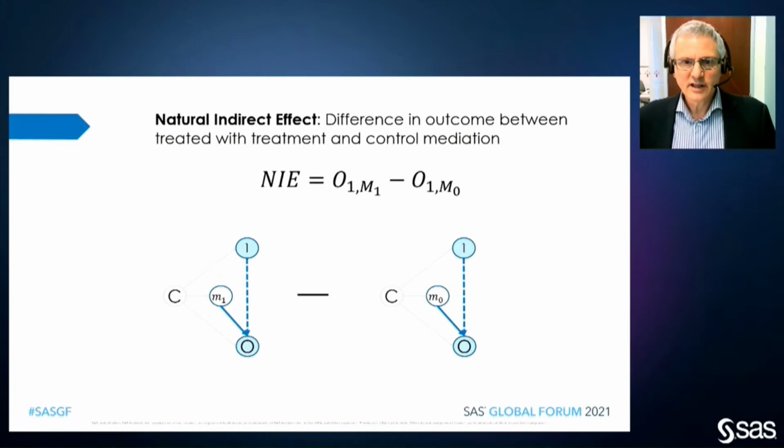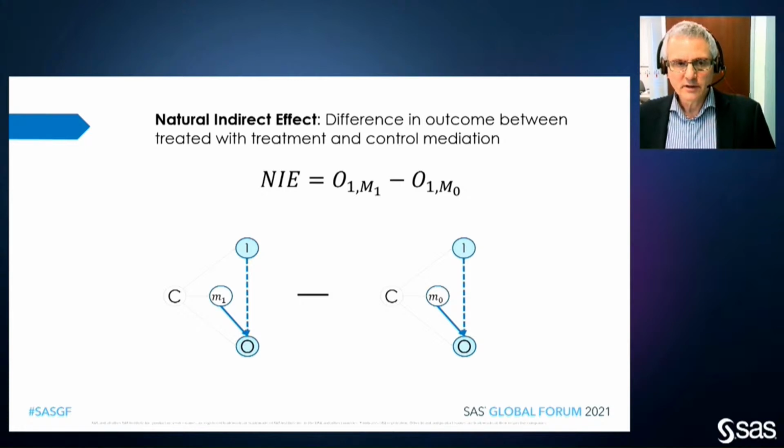The next quantity is the natural indirect effect, which is estimated by setting the treatment to the treated value and the mediator to different values. The mediator is set to the value it obtains under treatment and under control. The control is subtracted from the treated, and because the direct effect is the same in both summands, the difference is equal to the indirect effect.